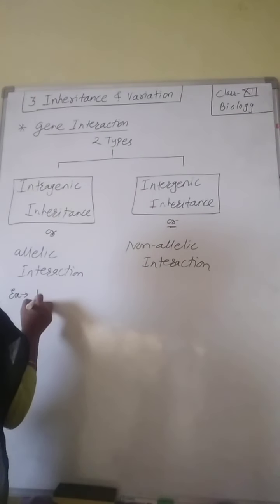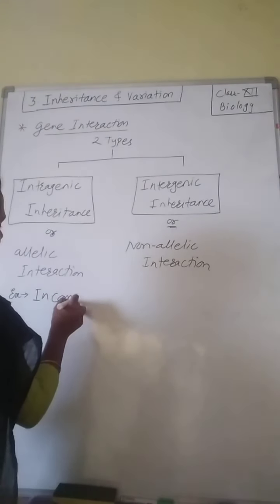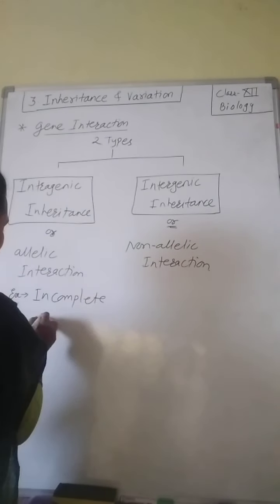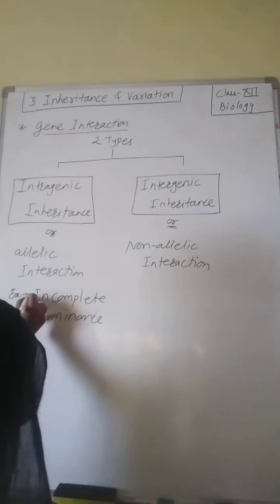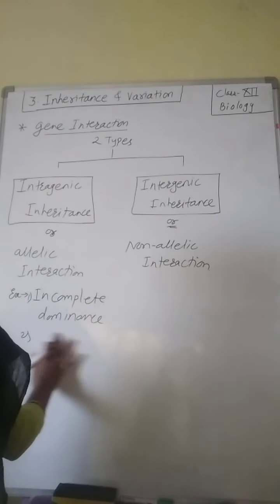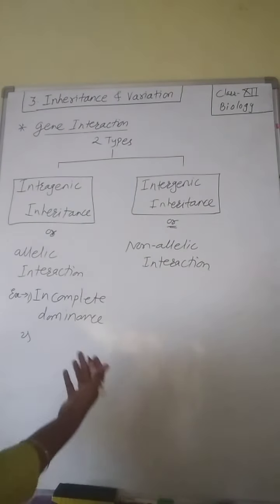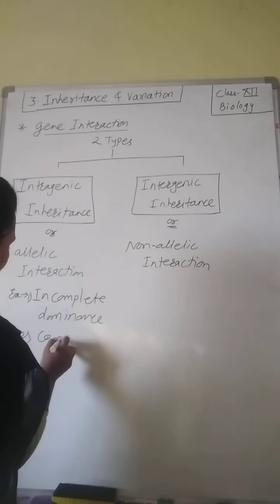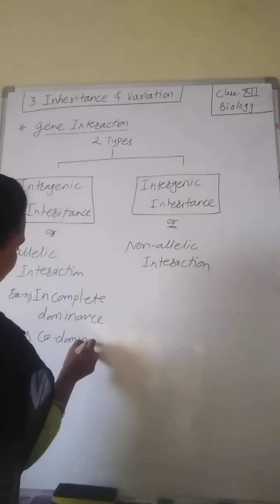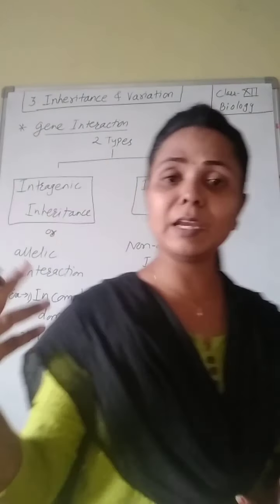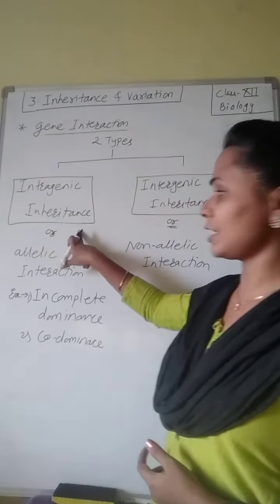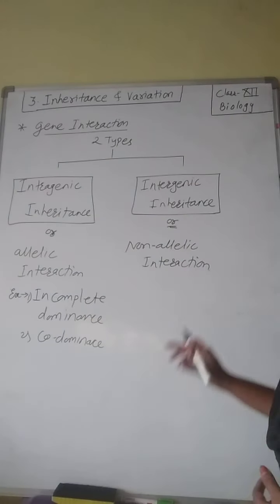Examples: incomplete dominance is one example, and second, codominance. These are examples we can observe in intragenic inheritance, that is, allelic interaction.